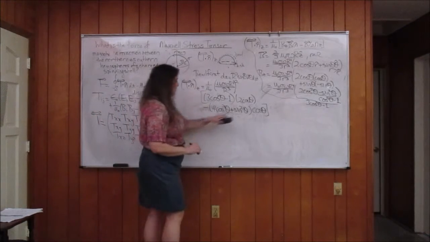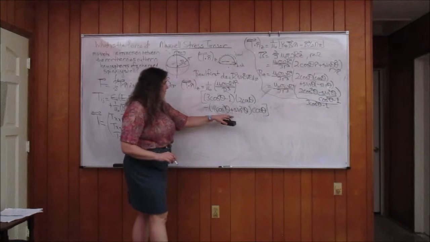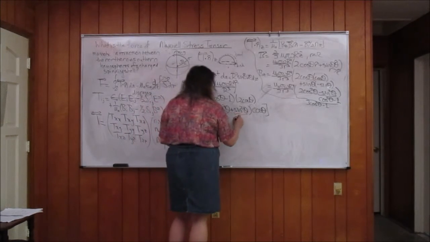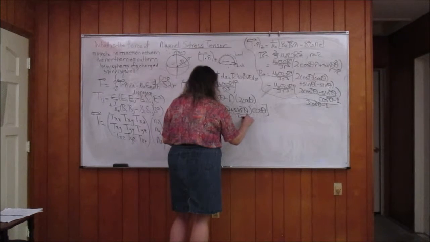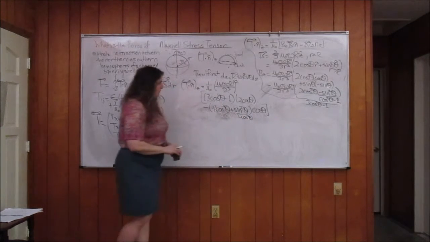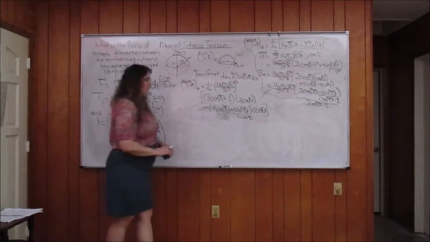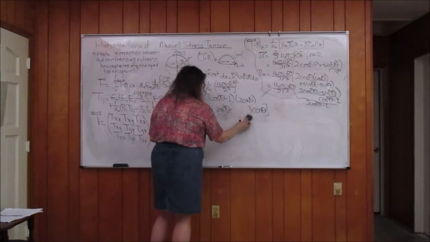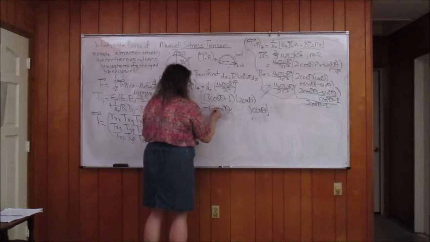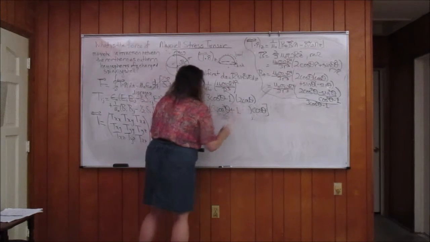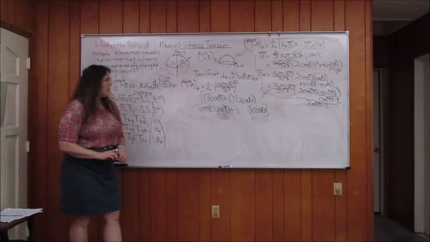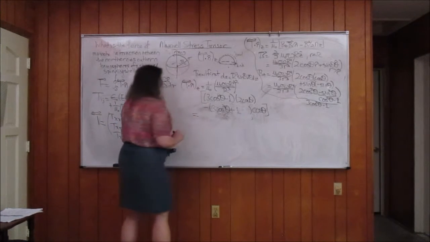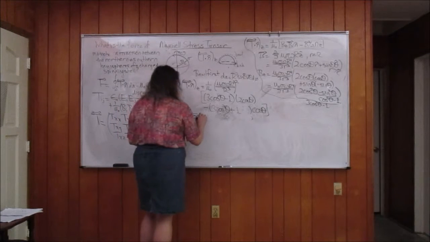Not quite there yet because I do want to just have these terms in terms of cosine squared. So if I replace the sine squared by 1 minus cosine squared theta, I will wind up with 3 cosine squared theta plus 1. Okay, so I am making slow but steady progress.